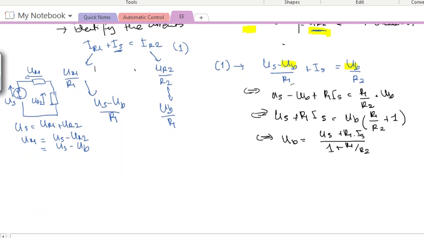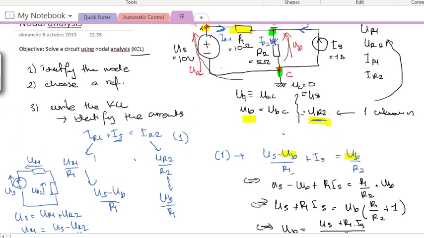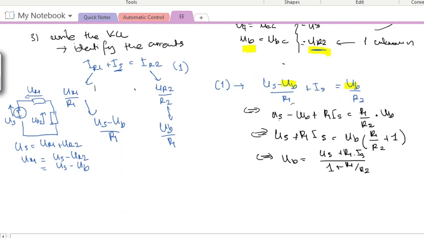So now you have found UB. If we look back into the exercise, we know the value of US, R1, IS, and R2.